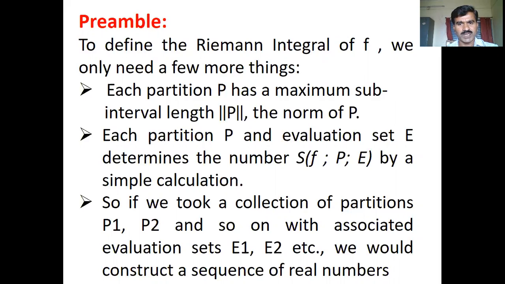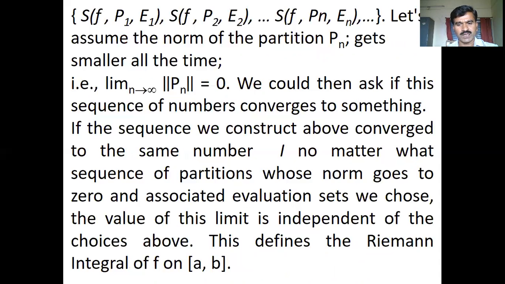Each partition P has a maximum subinterval length, the norm of P. Each partition P and the evaluation set E determine the number S of f, a simple calculation. If we took a collection of partitions P1, P2 and so on, with associated evaluation sets E1, E2, etc., we would construct a sequence of real numbers S(P1, E1), S(P2, E2) and so on, S(Pn, En).